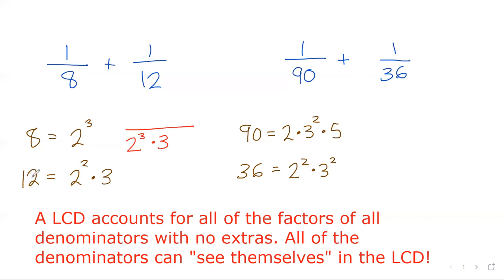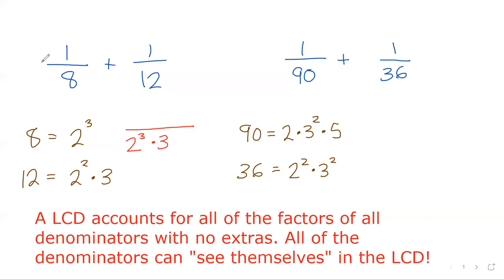Perfect. 12 looks at that denominator and says, I'm 2 squared times 3. Do I see myself there? Yeah, I see 2 times 2. It doesn't matter that there's an extra. I see myself. I see 2 times 2, and I see this 3. So this least common denominator contains all of the things that make up 8. It contains all the things that make up 12, and it doesn't contain any extras.